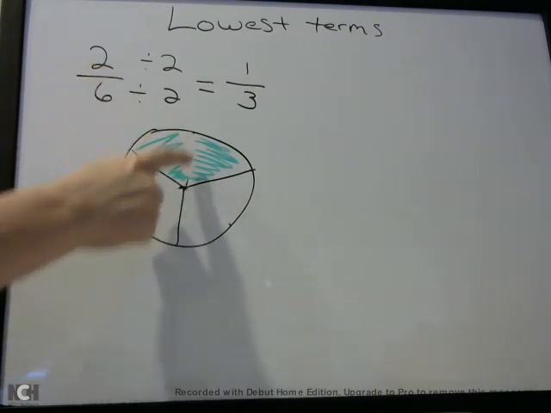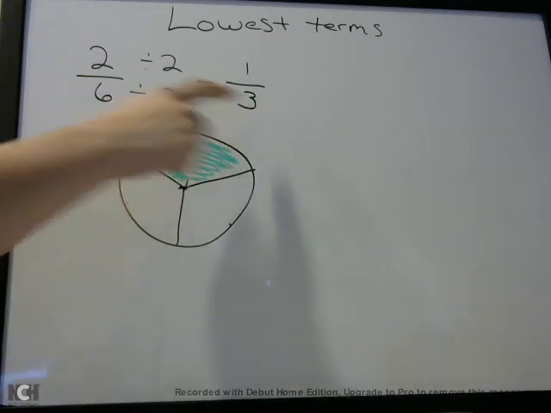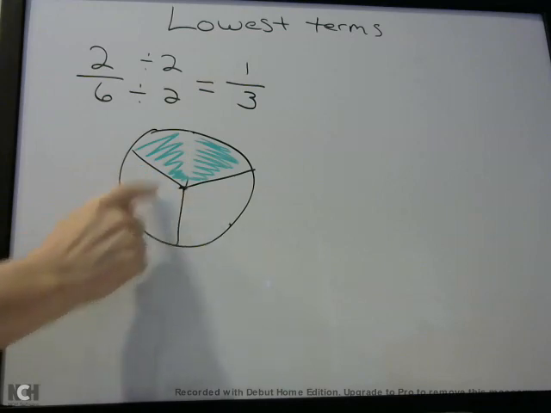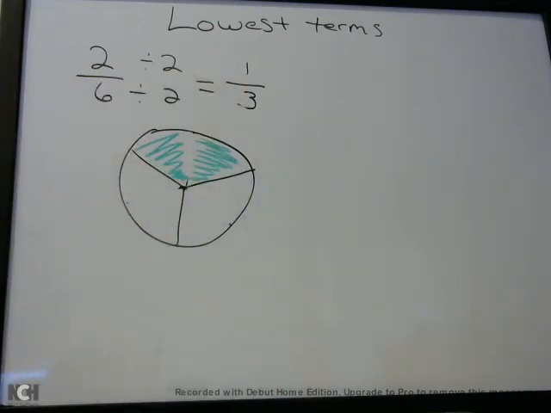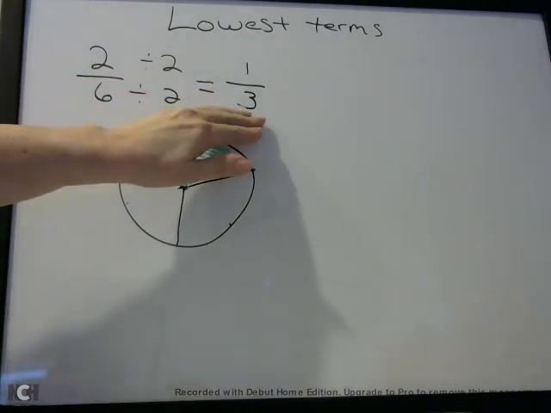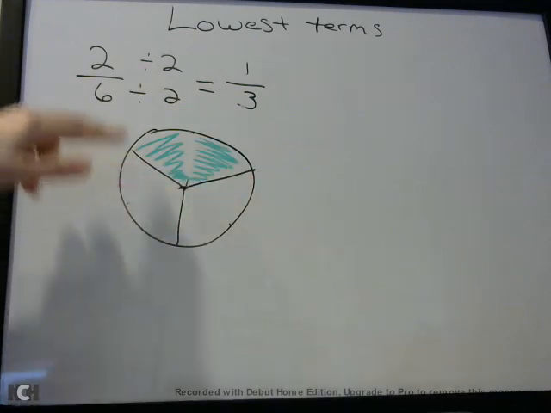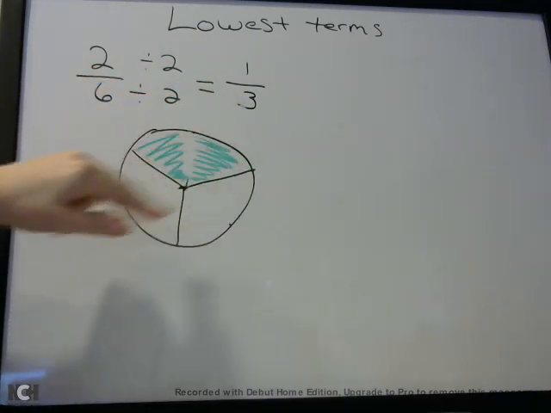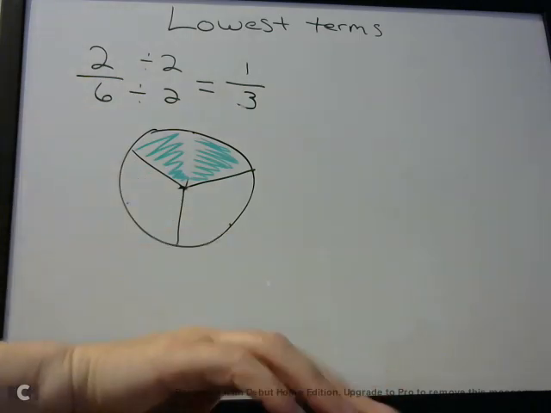So 2/6, when we put it in simplest form or in lowest terms, came down to 1 out of 3, or 1/3. That's really what we're doing here, taking fractions and getting them into the lowest numbers we can. But these are actually equal. 2/6 is the same thing as 1/3, as shown here.